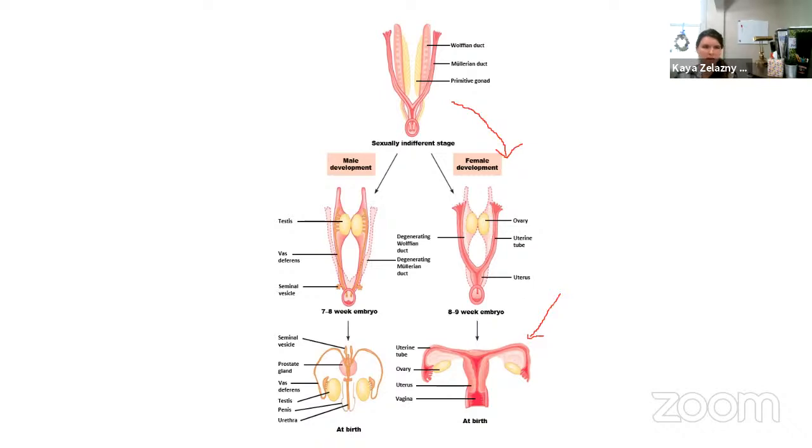But if we do have a Y chromosome, it has the SRY gene, which codes for testis determining factor, which creates the formation of testes, which then secrete testosterone as well as Mullerian inhibiting hormone. Mullerian inhibiting hormone causes the Mullerian duct to regress, and the testosterone helps the Wolffian duct grow, and the Wolffian duct ultimately becomes the male reproductive system.